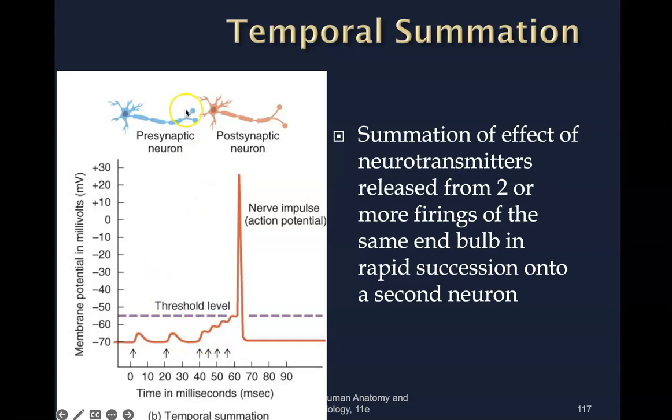And remember in your graded potentials, that can happen, right? Because there's no refractory period. So what will end up happening is, you bring a little more sodium in, it keeps firing, more sodium, more, until eventually you hit threshold, just from that one neuron firing so rapidly.